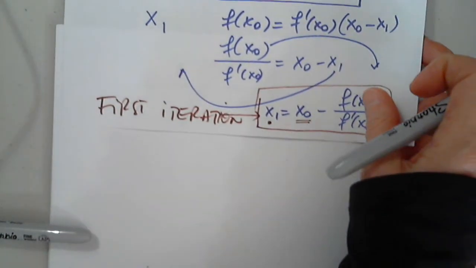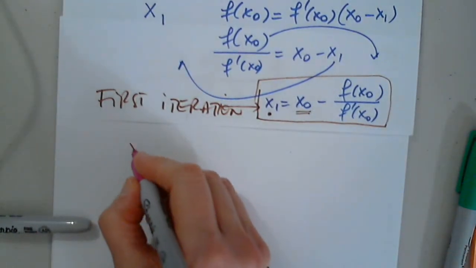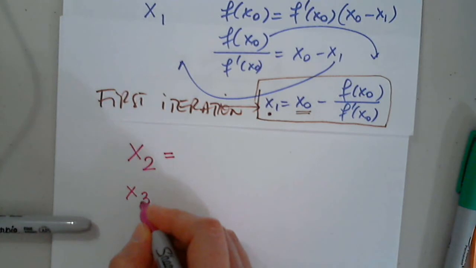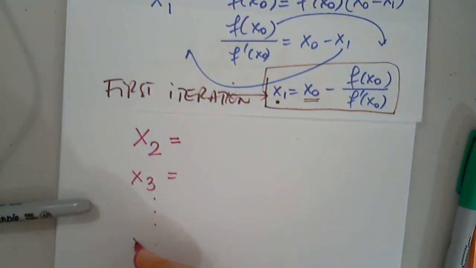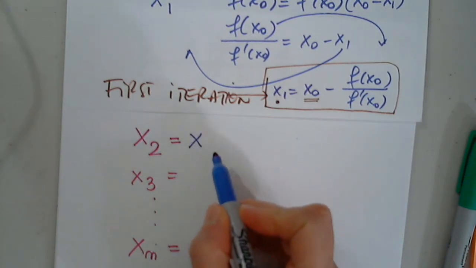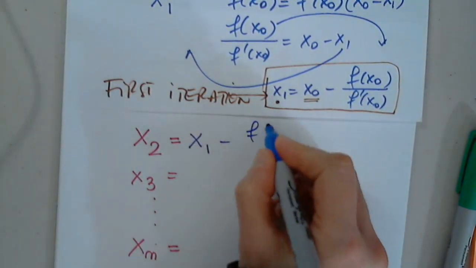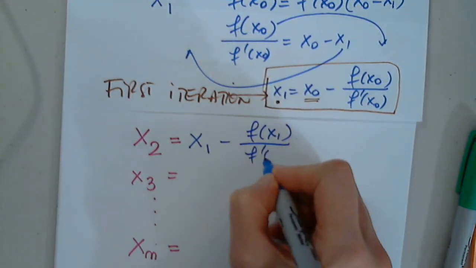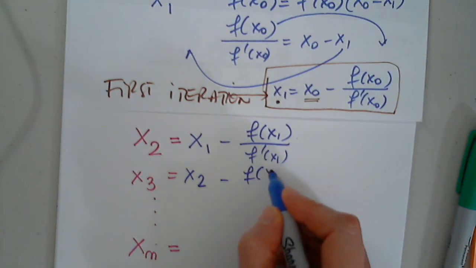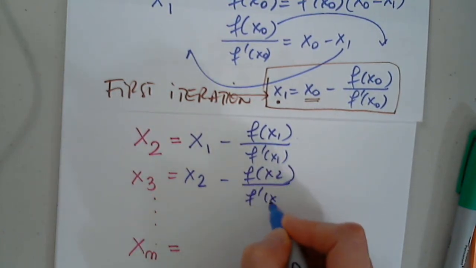So can anyone, without any calculations, give us the formula for x2 and then for x3 and then for x sub n? X2 equals x1 minus f of x1 over f prime of x1. x3 will be x2 minus f of x2 over f prime of x2.